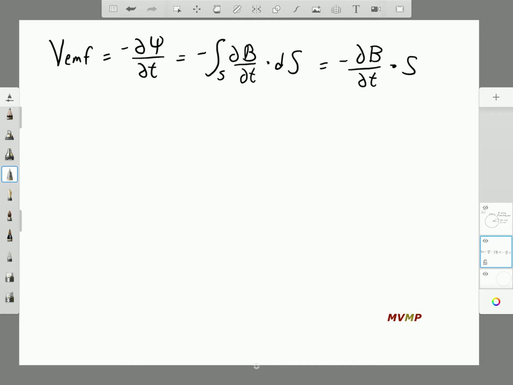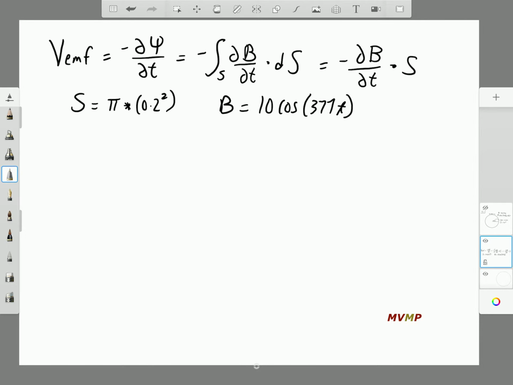So first, our surface is just pi times 0.2 squared, and our B is 10 cosine 377t.